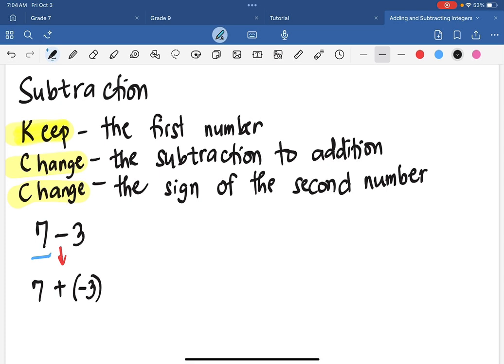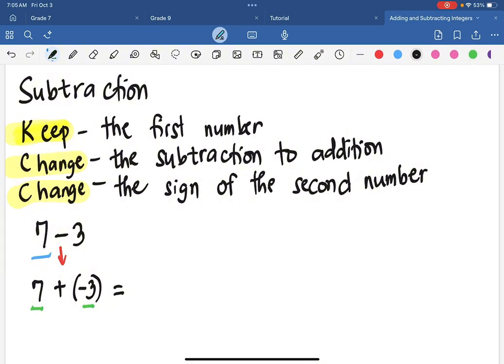Now, based on the earlier discussion about adding integers, we can use the same process: asking, regardless of the sign or the symbol, which among the two is bigger. Is it 7 or 3? Obviously, 7 is bigger than 3.